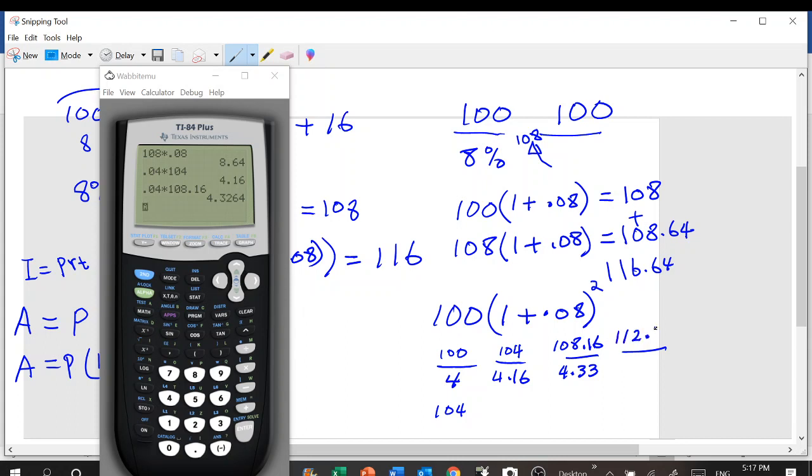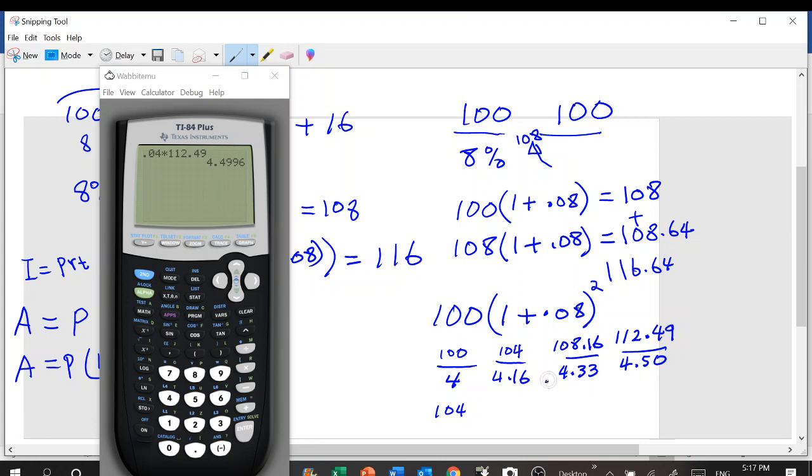112.49. And then now 4% of that is what? 4% of 112.49 is 4.49, and let's say 4.50.